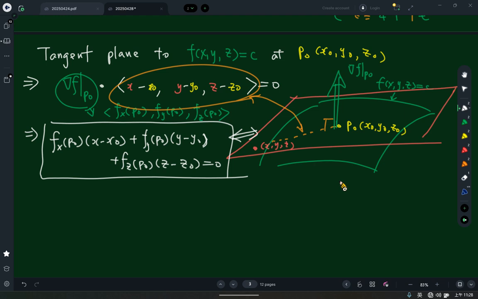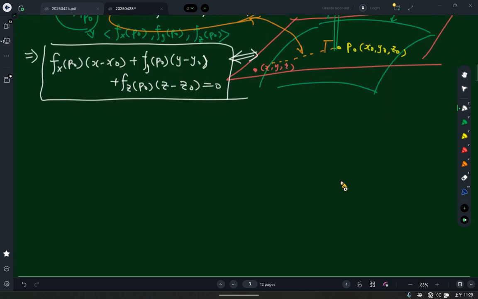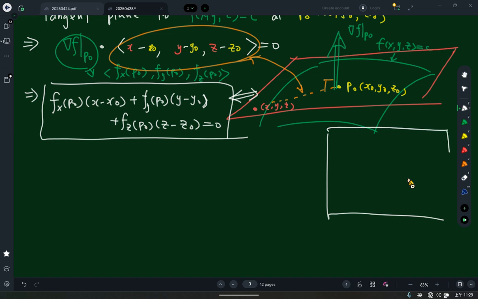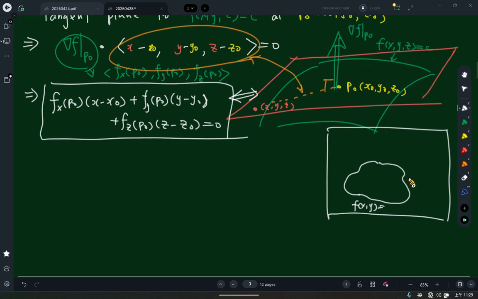You can make a simple comparison with a 2D condition. If this is 2D, this may be f(x, y) = c. Then this is a point P0 = (x0, y0). Then you can get its gradient vector.